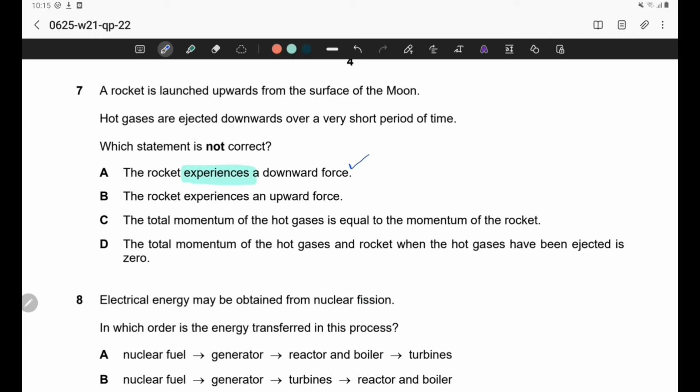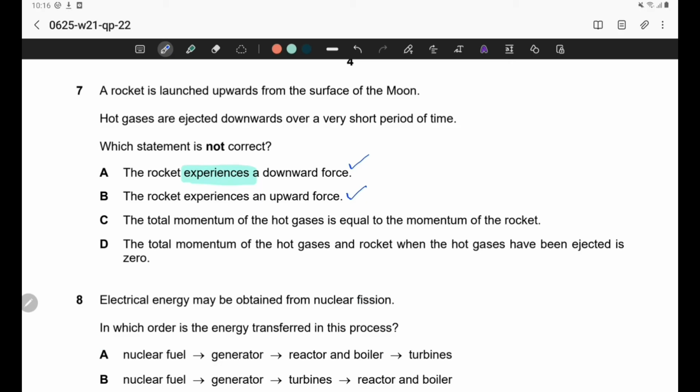Option B, the rocket experiences an upward force. That is also correct. When the gases are ejected downwards, the gas will exert an opposite force on the rocket, that will be upwards. Because of that upward force only, the rocket is moving upward. So the statement given in option B is also correct.